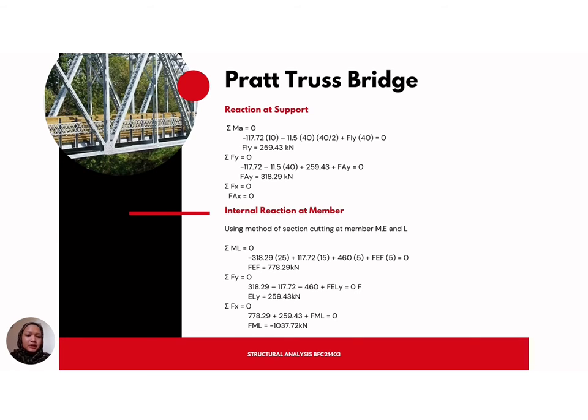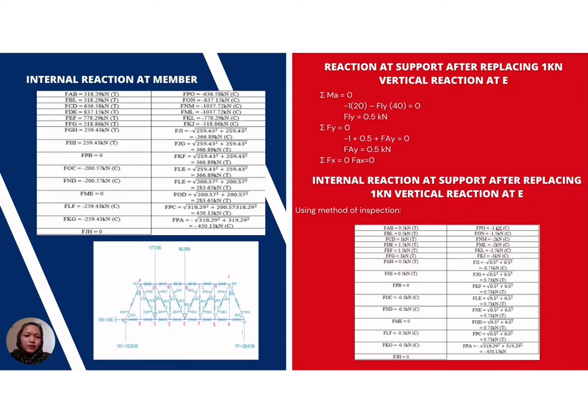And then for the internal reaction of the members, we are using 2 methods. First is the cut section method, where we get FEF, FML, and FELY. After we use the cut section method, we use the alternative method. Then we get all the information that we need.